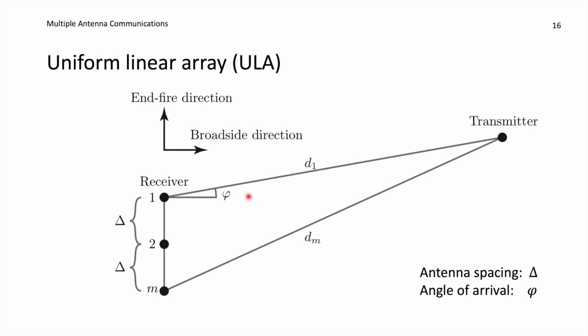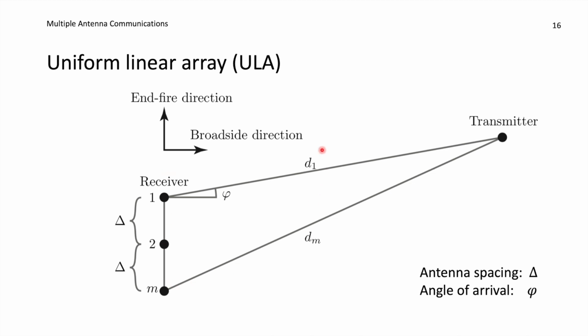So when the angle is 0, we have what is called the broadside direction. So signals coming from that direction are coming in from a direction orthogonal to the direction of the array here. When it's pi over 2 or minus pi over 2, well, then we have the end-fire direction. Then the signal is coming in from the same direction as where the array is located.